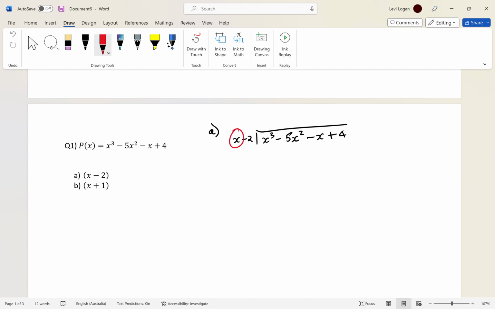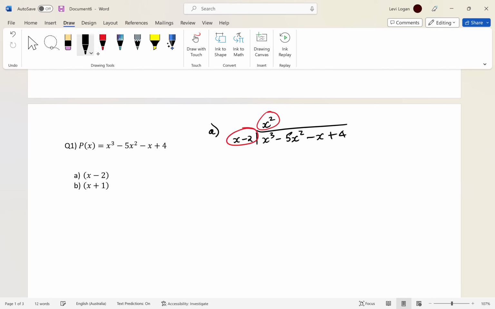All I want you to do is get this x and this x cubed here, and I just want you to divide x cubed by x. In turn, I just want you to divide whatever's here by that, the x, right? So that is going to be x squared, right? And whatever you get here, I want you to put up here, x squared, right? I also then want you to multiply whatever you have up here by this.